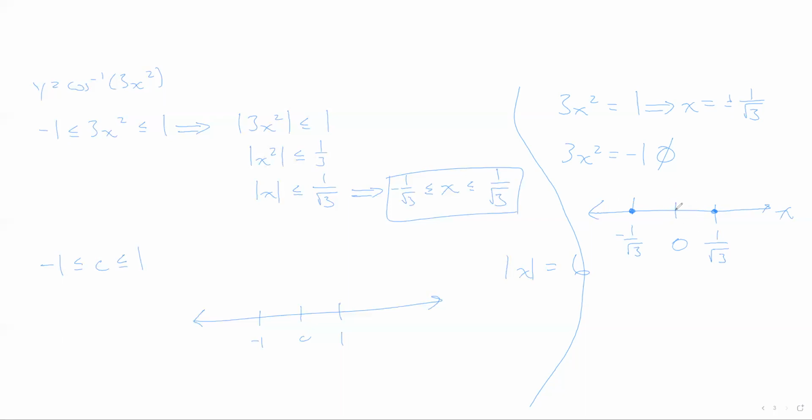Yep, inverse cosine of 0 is well defined. Is negative 1 inside my domain? Yeah, inverse cosine of 3 is undefined. What about positive 1? No. So that means that I found this domain, all this stuff in here.